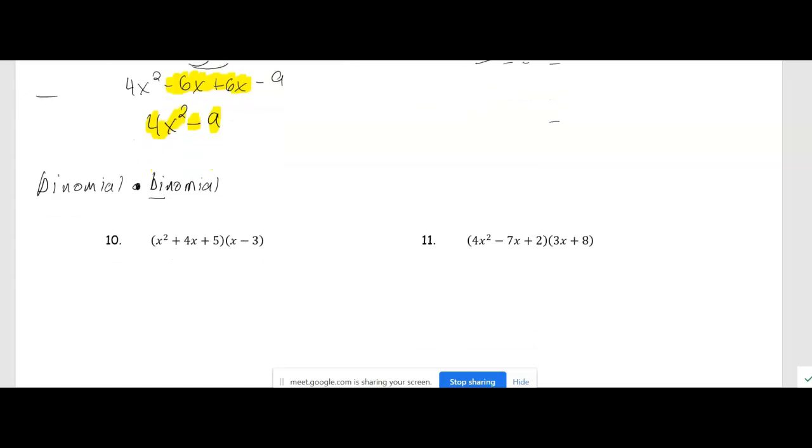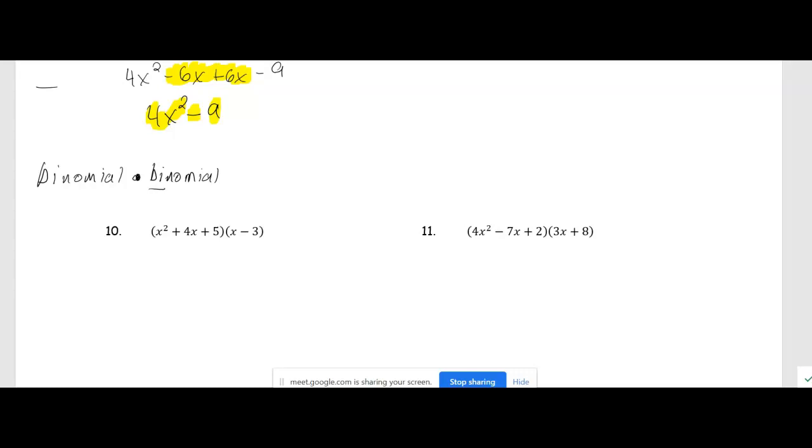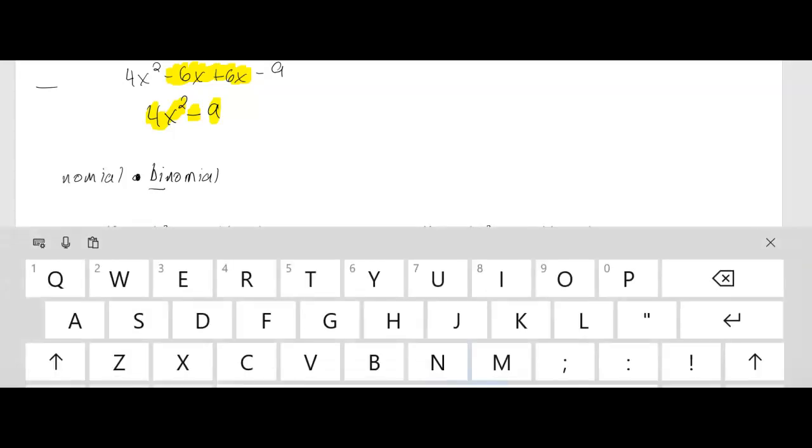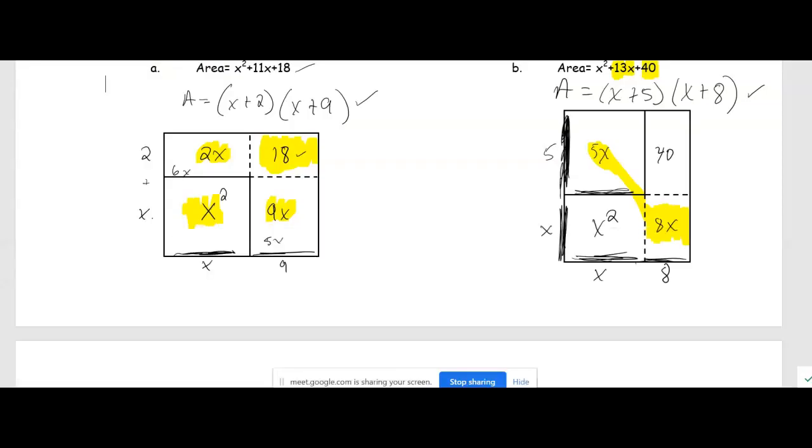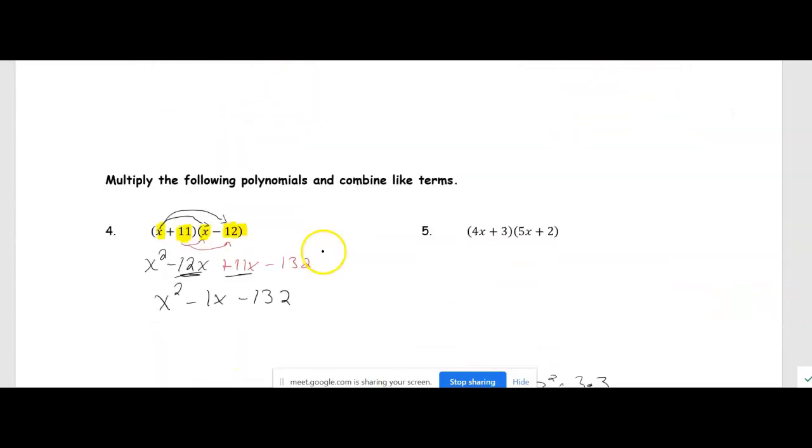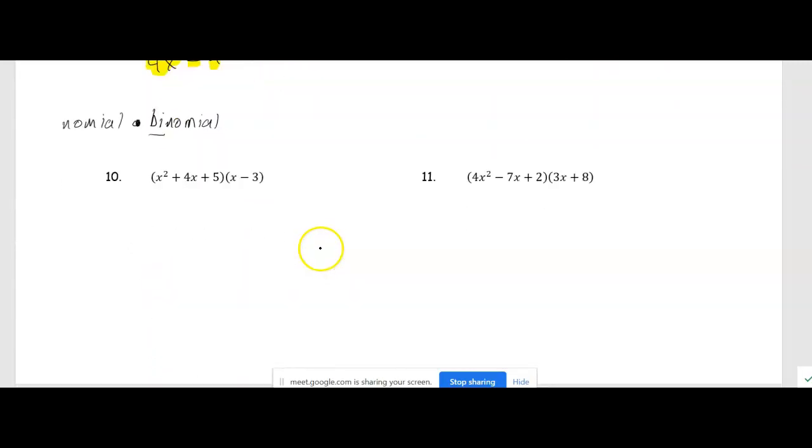The only thing different now is instead of doing a binomial times another binomial, notice how there are now 3 terms in that. So if we know the prefix that means 3, that would be a trinomial. So we're going to take our trinomial, multiply it by a binomial, and it's a very, very similar process.